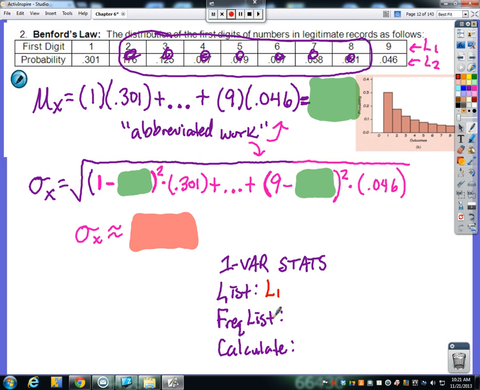For frequency list, you need to put in the probabilities. So probabilities always go in your frequency list. L1 are the actual values. And then go down and press calculate. Okay, so those are your 1 of 2 options that you will come across. Either it gives you the option of putting in the list in the frequency list, or it doesn't, and you're just going to put in L1, L2.